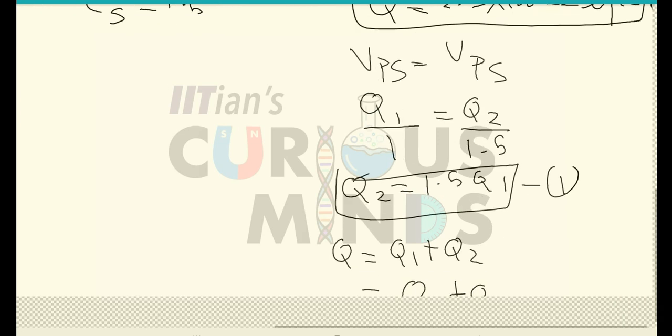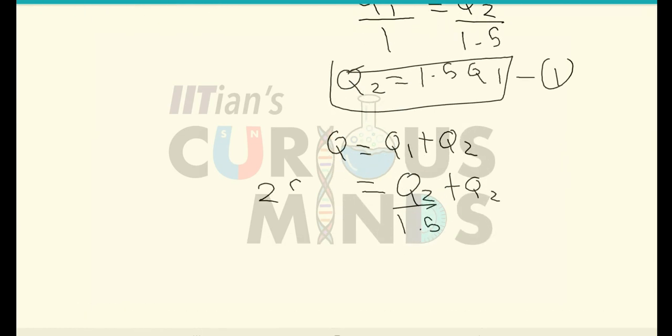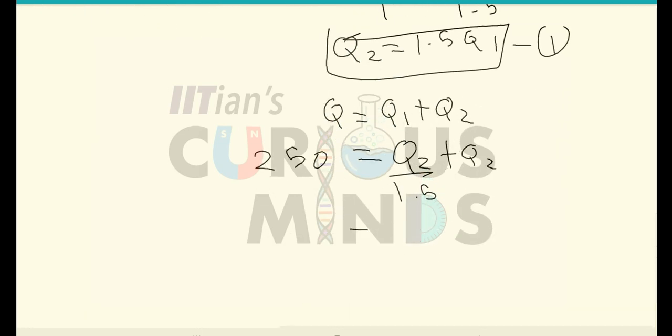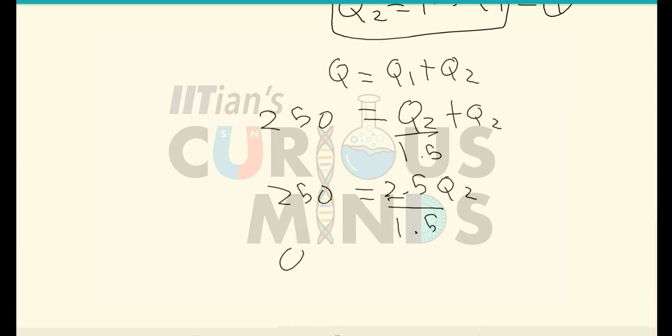Now I can substitute Q2 divided by 1.5 for Q1, so Q2 divided by 1.5 plus Q2 is equal to total Q. The total charge over here is 250 microcoulomb, so 2.5 Q2 divided by 1.5 is equal to 250. So Q2 will come out to be 150 microcoulomb.